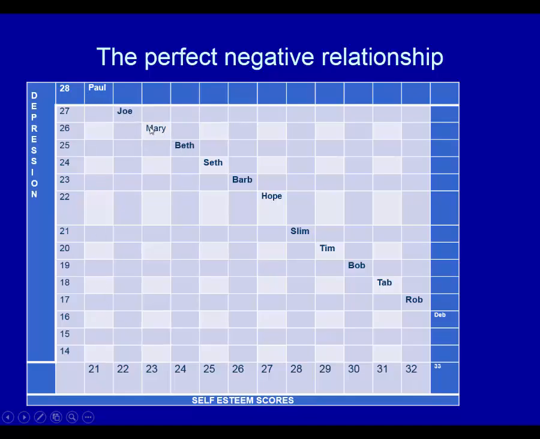Mary is higher on self-esteem, but lower on depression. And that's where the pattern goes all the way through here. In each case, if somebody is higher than somebody else on one of those, they are lower than that person on the other.